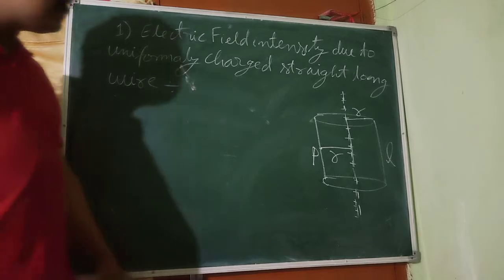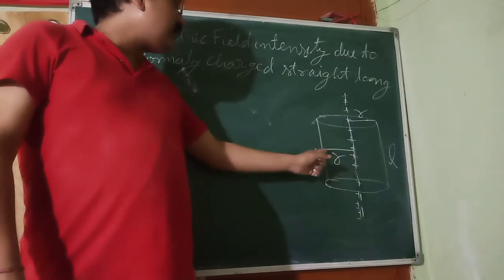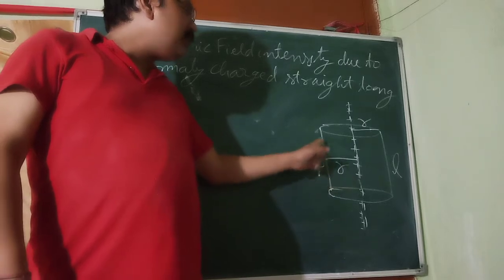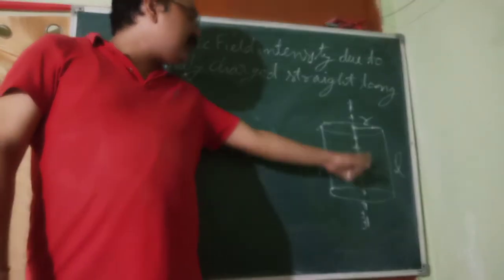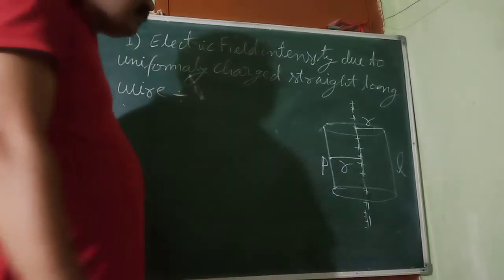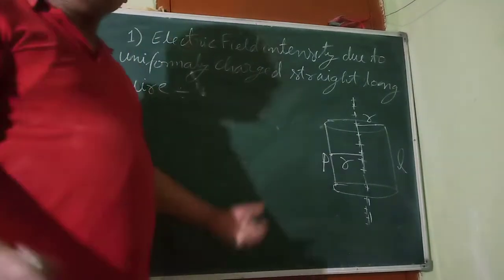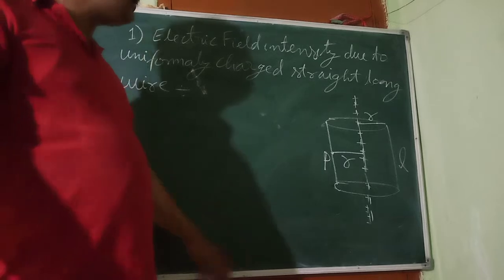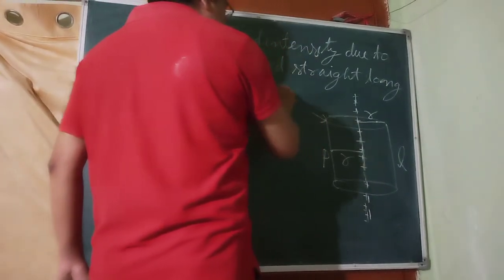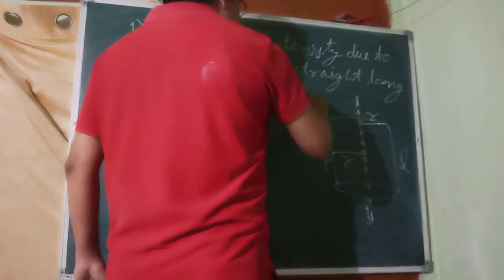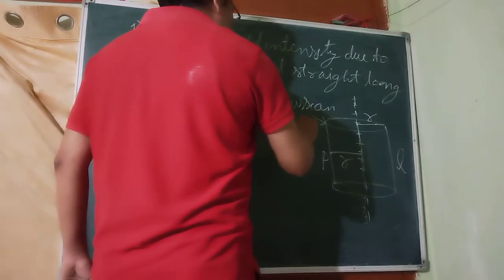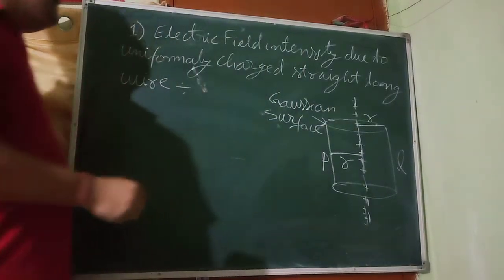So we have to draw a cylindrical Gaussian surface which has radius R. Length can be L, 2L, whatever you want. This surface is called the Gaussian surface.